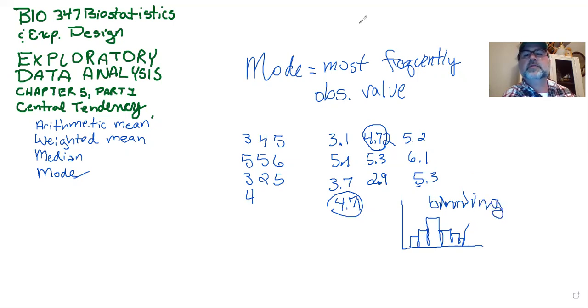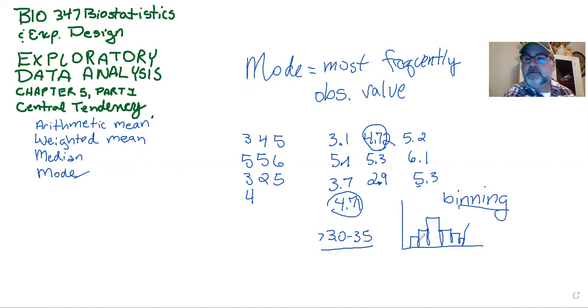B-I-N-N-I-N-G, binning. So binning is when you start putting observations together. So you might say greater than 3.0 to 3.5 is going to be a bin. So any observation will go in there.